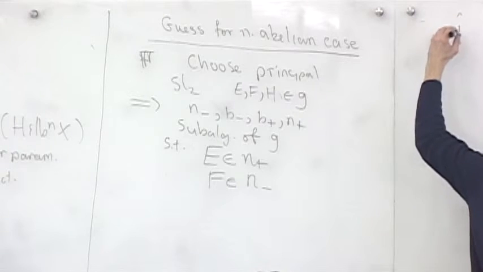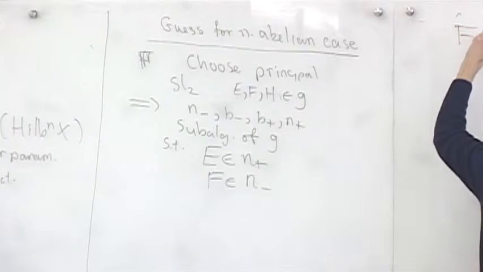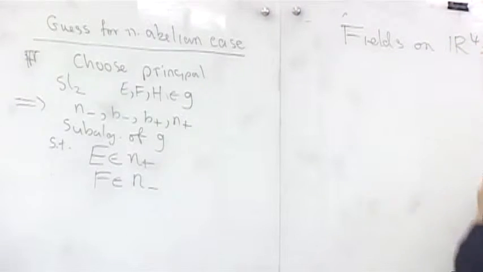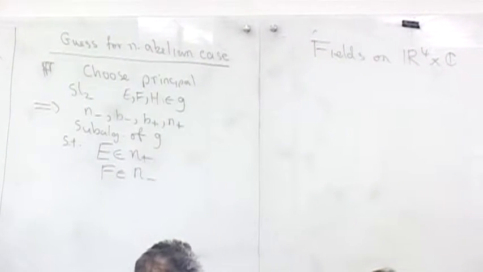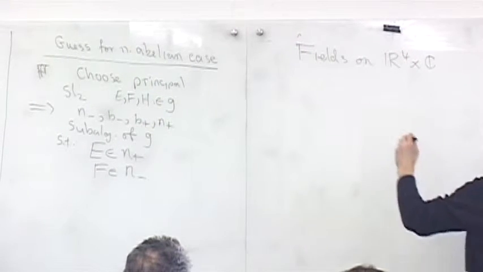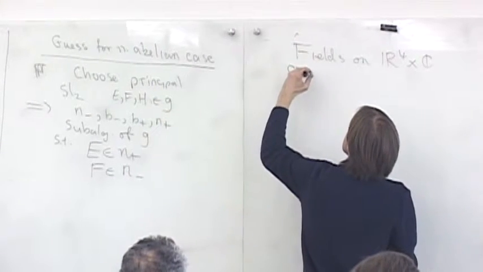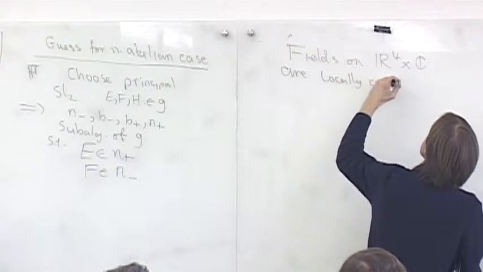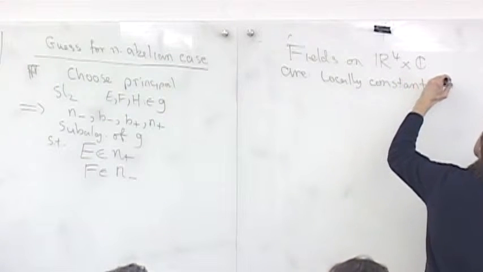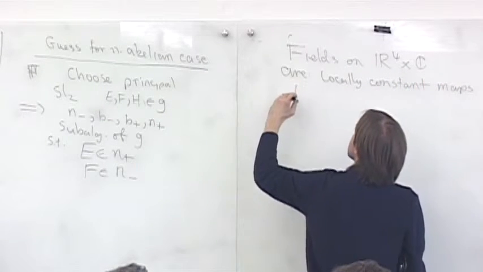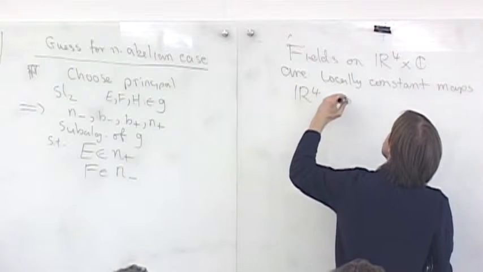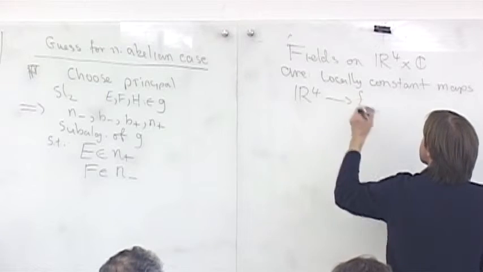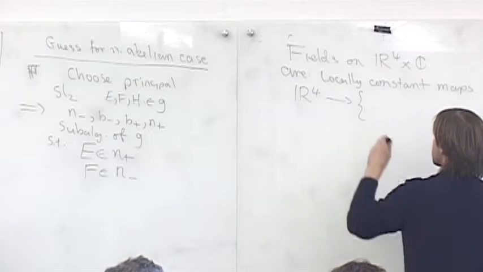So the fields on R^4 cross C we can describe as follows: locally constant maps from R^4 to opers on C. There are two ways to say it, which are equivalent.